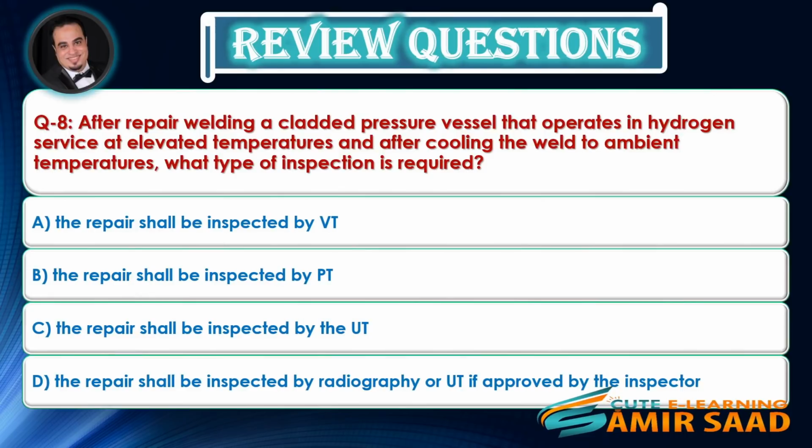After repair welding a cladded pressure vessel that operates in hydrogen service at elevated temperatures, and after cooling the weld to ambient temperatures, what type of inspection is required? Answer is B.